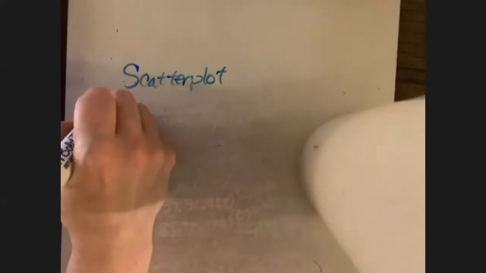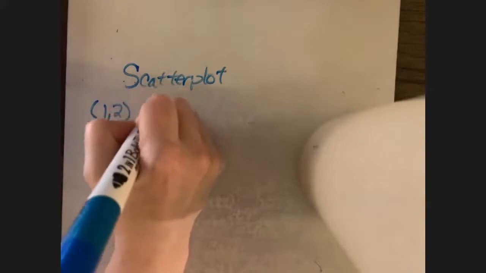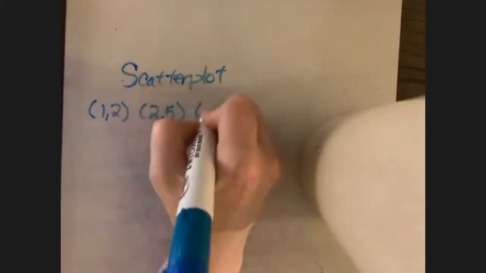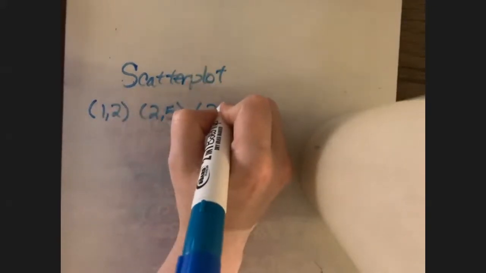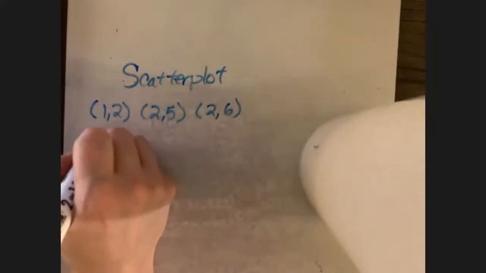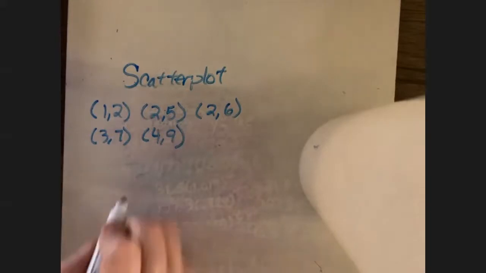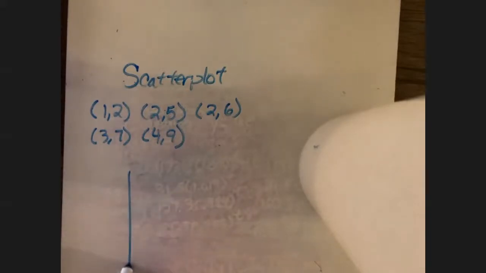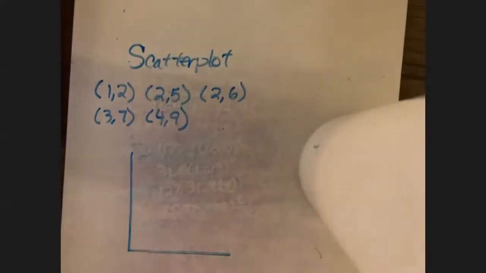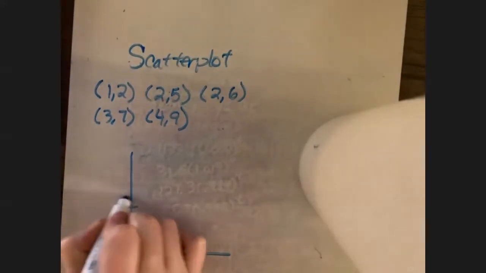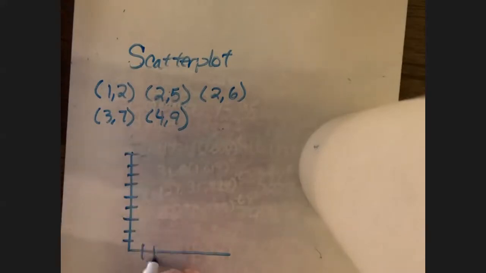Now with a scatter plot, if you were given points like 1, 2, 2, 5, 2, 6, 3, 7, and 4, 9, and we were to go onto a grid space, quite literally all we would do is go to 1, 2, and put a dot.